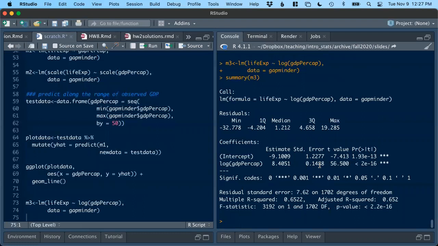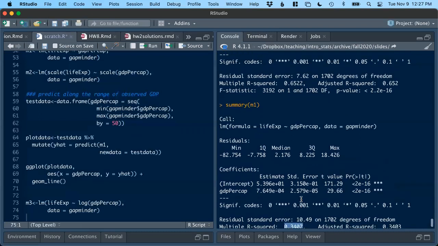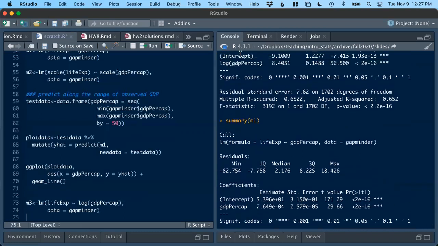We're actually going to get, if we look at M3, a 65% R squared. And if we look at M1, we're going to get a much worse fit, 34% R squared. So the information we put in terms of our variables, GDP per capita, is the same across both models, but we applied a transformation to one of our variables, a logarithmic transformation, which implicitly assumes there's an exponential relationship between GDP and life expectancy.